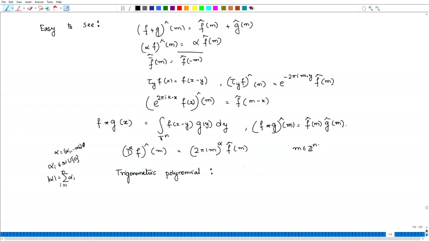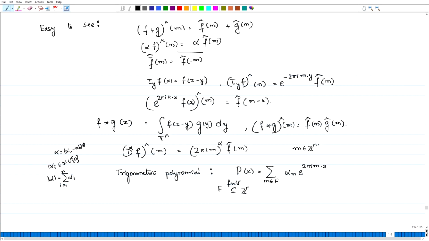What one would define is the summation over m varying over some subset F of alpha m e to the power 2 pi i m dot x, where F is a finite subset of Z^n.